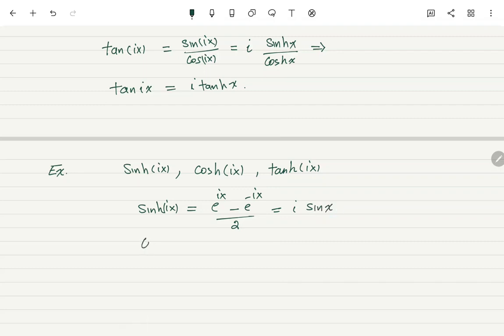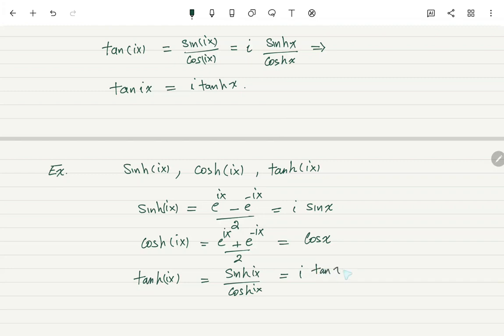Cosine hyperbolic ix equals (e to ix plus e to minus ix) over 2, and this is the definition of cosine x. Tan hyperbolic ix equals sine hyperbolic ix over cosine hyperbolic ix, which is actually i tan x.